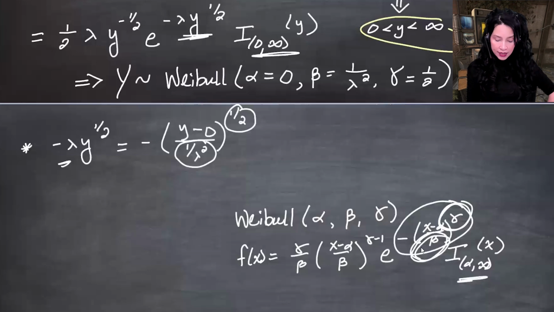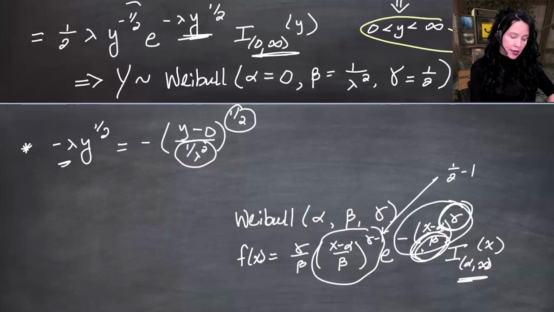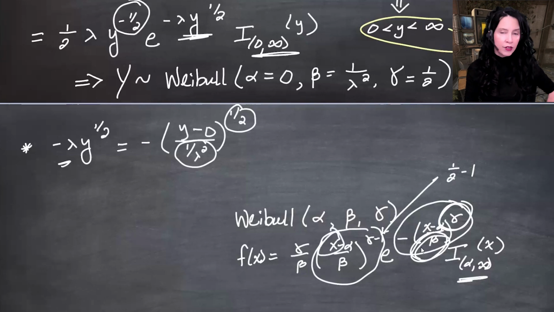I think we're done. Just a quick check. If you plug in alpha equals 0, beta equals 1 over lambda squared, and gamma equals 1/2, this exponent will be 1/2 minus 1. So that is how you get the negative 1/2 on the variable out front, on the y.